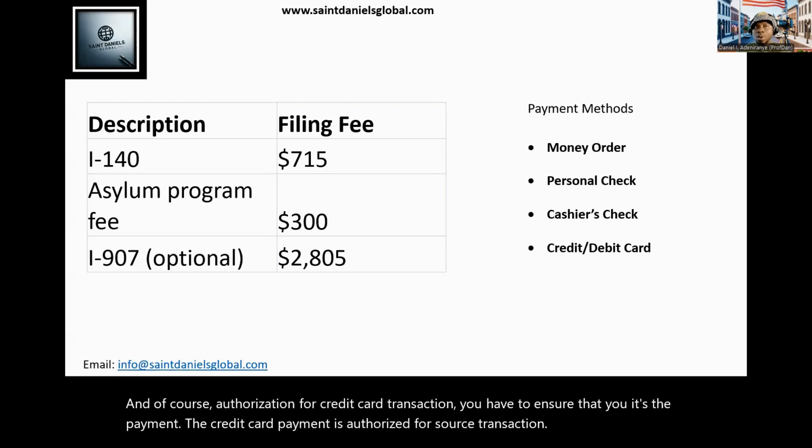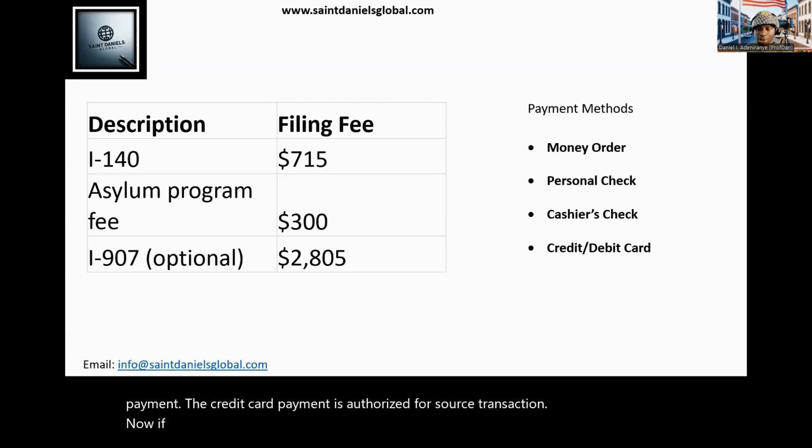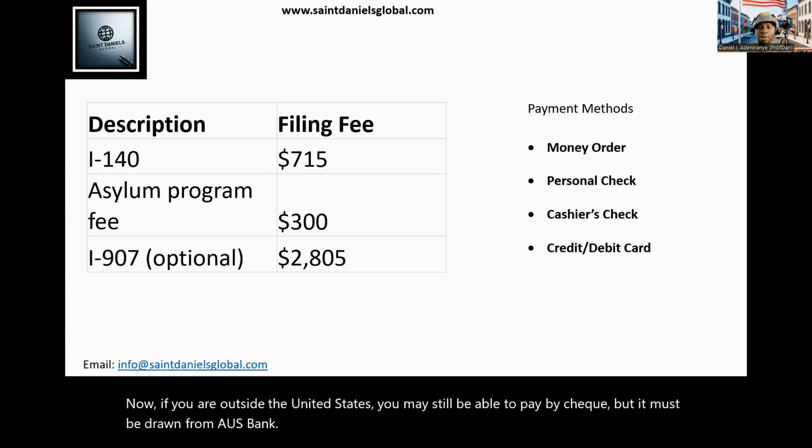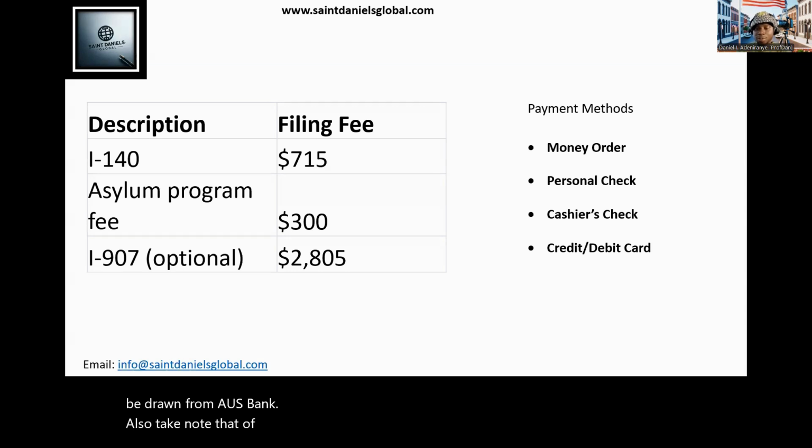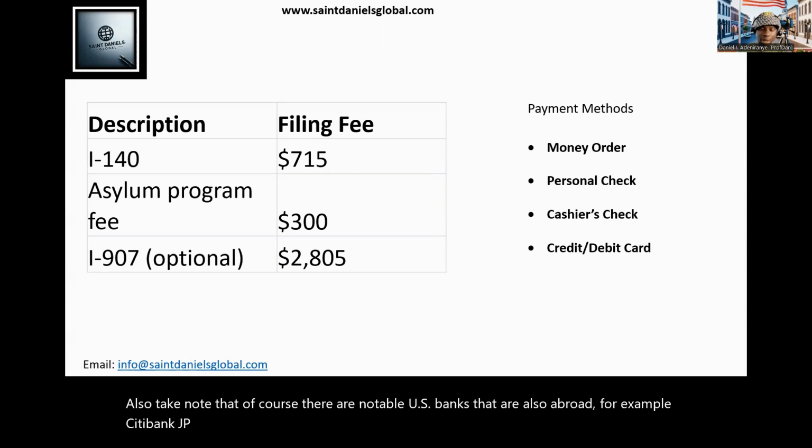Now, if you are outside the United States, you may still be able to pay by check, but it must be drawn from a US bank. Also take note that, of course, there are notable US banks that are also abroad. For example, Citibank, JP Morgan, which is Chase Bank, Bank of America, and the likes.